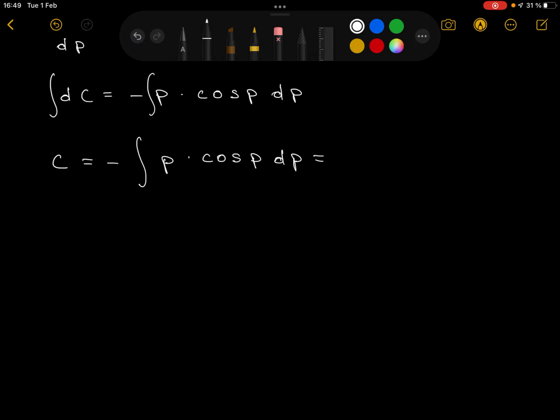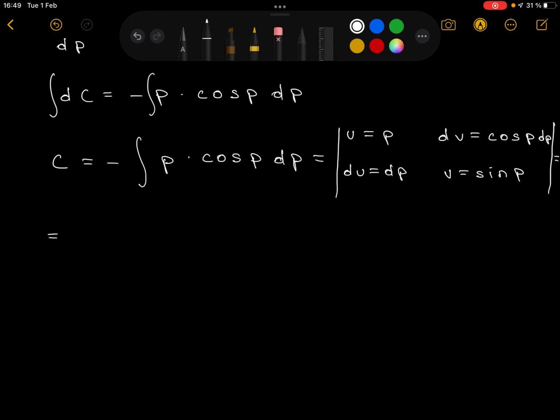And of course we can just solve this by using integration by parts. So u is equal to p, du is equal to dp, dv is equal to cosine p dp, and v is equal to sine p.